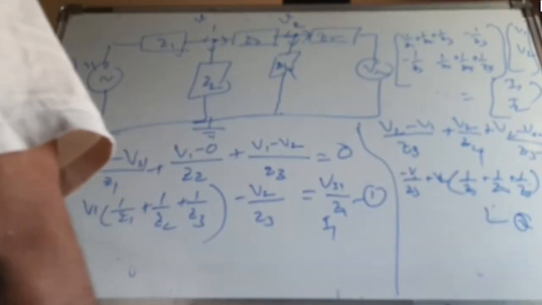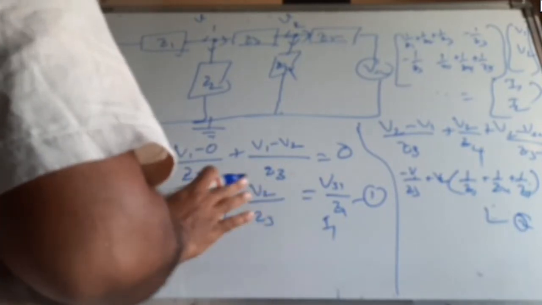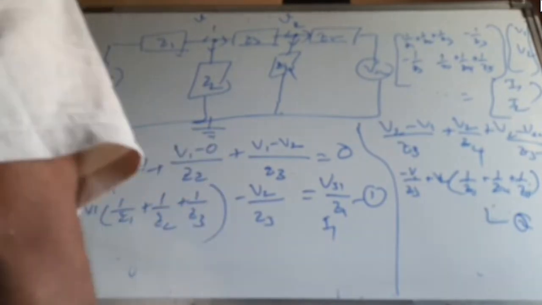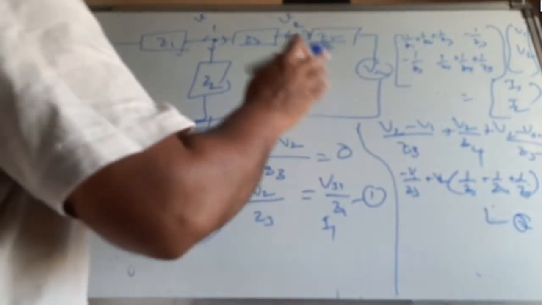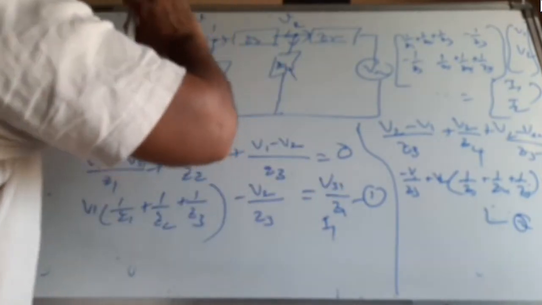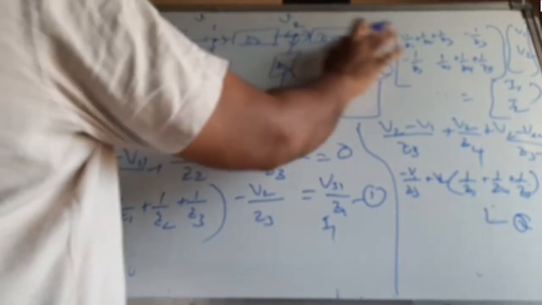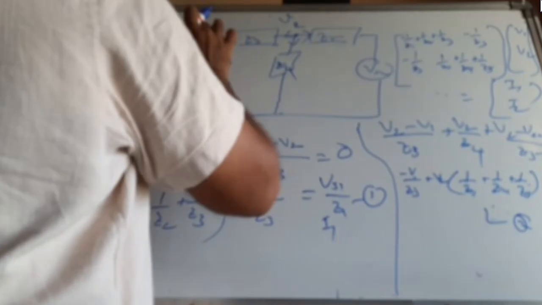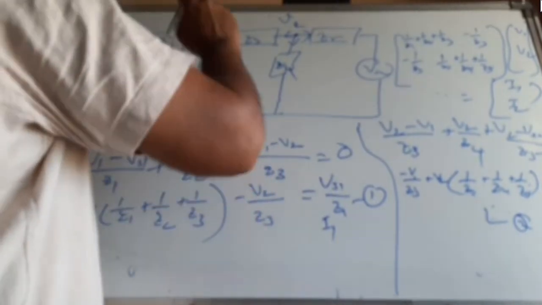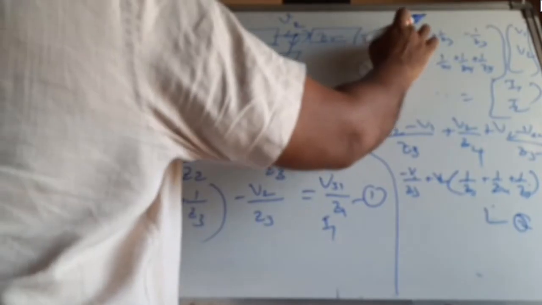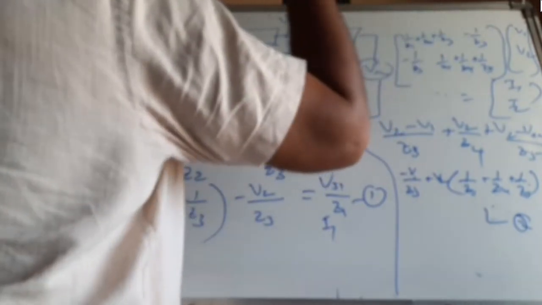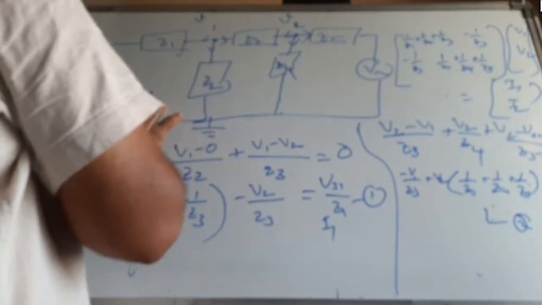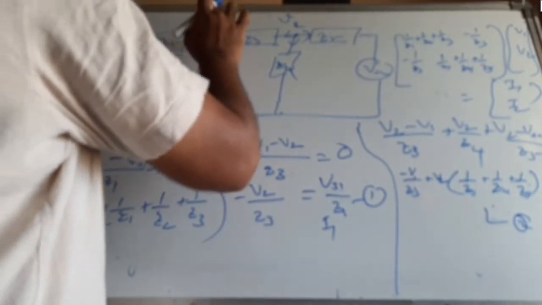How do you solve this? The diagonal elements of the matrix represent the sum of the reciprocals of all the impedances connected at node 1. 1 by Z1 we know is an admittance, so it is the sum of all the admittances connected at node 1.